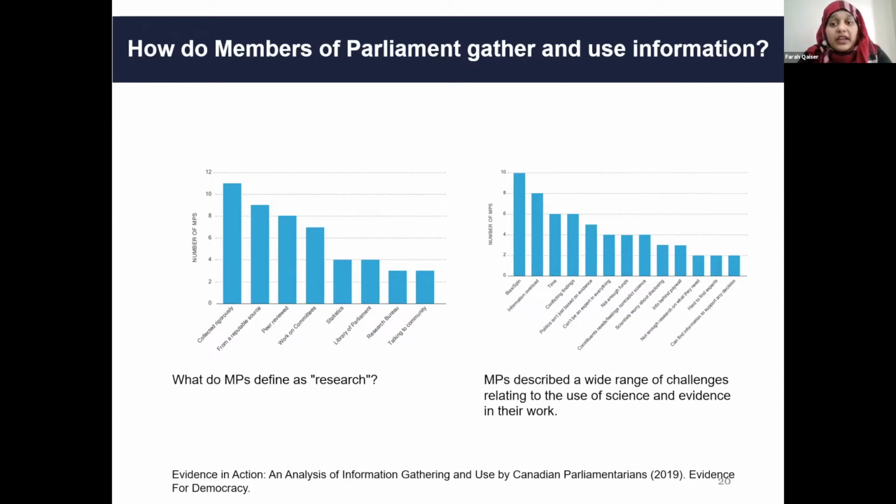It's hard to find experts, or they can't find information to support any decision, which was only expressed by two people. So overall, you can see a very interesting picture coming about of how members of parliament use evidence in decision making. They do want to use credible and relevant information, but there's conflicting evidence, conflicting opinions on what counts as research, and there are many challenges related to using science and evidence.